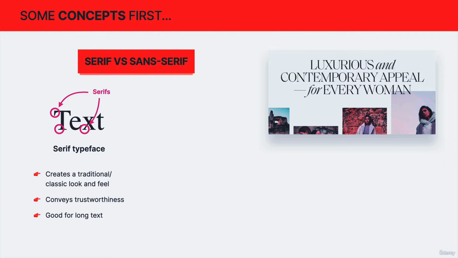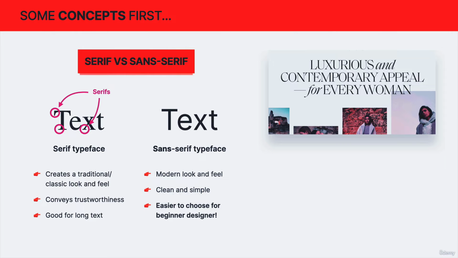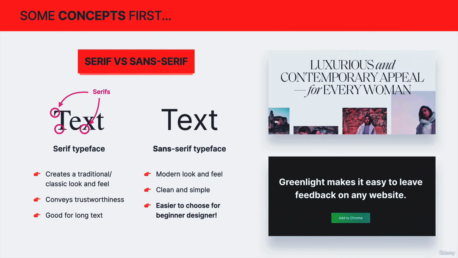Now, on the other hand, of course, we have sans serif typefaces. So typefaces which do not have these decorative lines, so the serifs that these serif typefaces have. And sans serif typefaces usually look very clean and simple, and therefore by using them we can give any interface a very modern look and feel, just like on this example here.